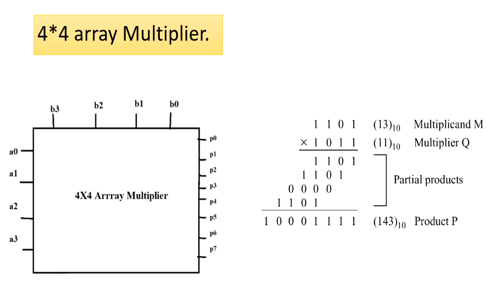The maximum number it can calculate is 15 times 15, which is equal to 225. You can also evaluate the number of bits from the maximum output range. Suppose we are multiplying A3, A2, A1, A0 by the multiplier B3, B2, B1, B0, then the product term will be P7 to P0 for the 4x4 multiplier.